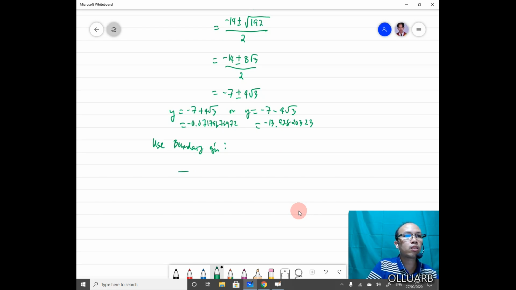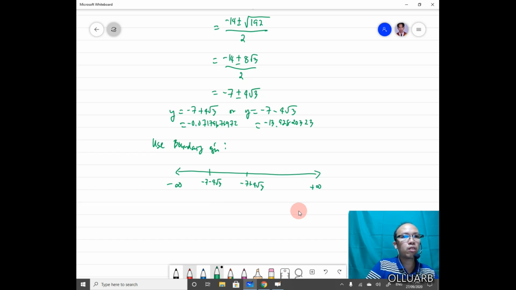So let's write it on the real line. We have negative infinity, then negative 7 minus 4 square root of 3, which is smaller than negative 7 plus 4 square root of 3, then positive infinity.